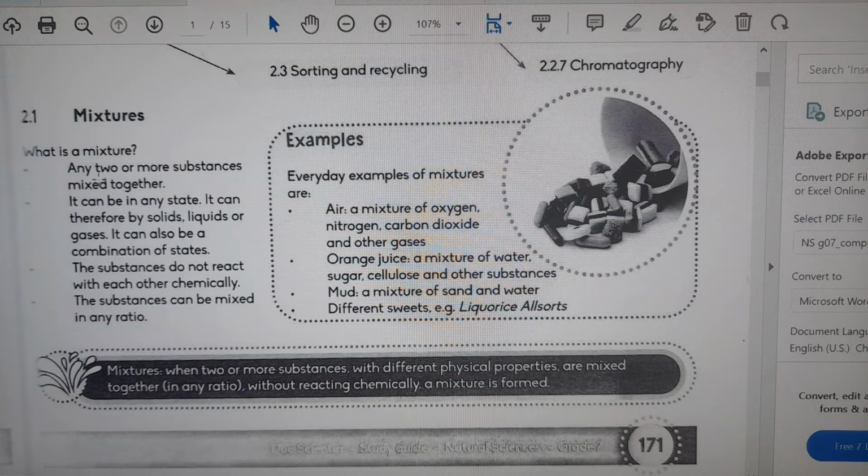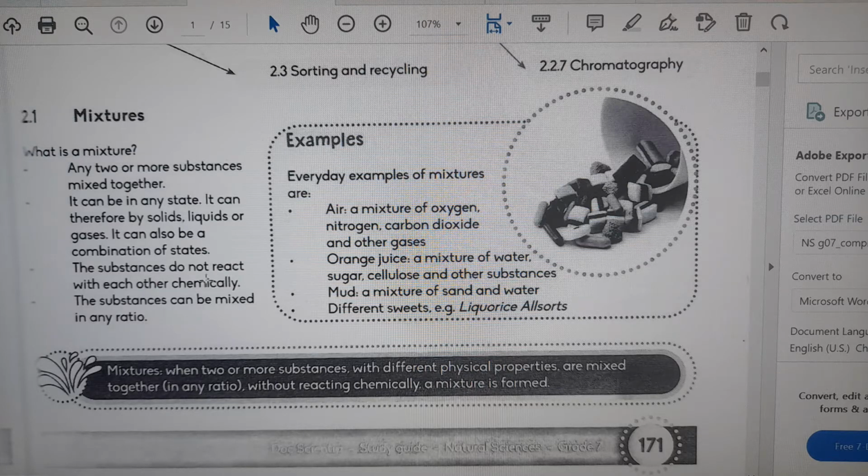A mixture is any 2 or more substances mixed together. It can be in any state: liquid, solid, or gas. It can therefore be made of solids, liquids, or gases. It can also be a combination of states. The substances do not react with each other chemically.